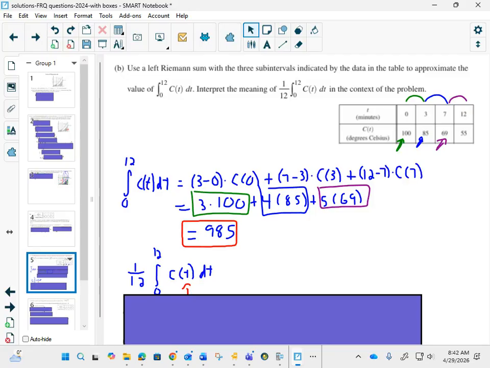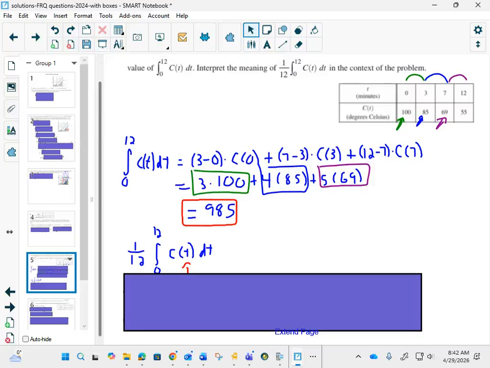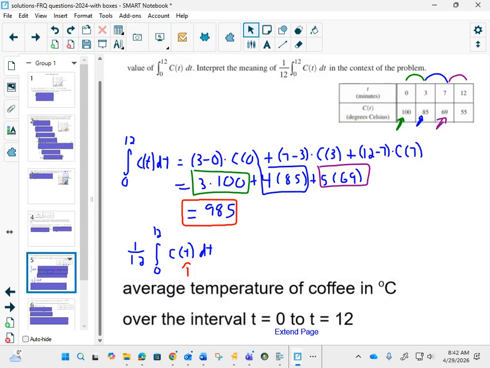Interpret the meaning of 1/12 of that integral in context of the problem. Recognizing that this is the average temperature of the coffee. Noticing that this is from 0 to 12 and a 1/12 out in front, that is the average of a function. Which function are we taking the average of?